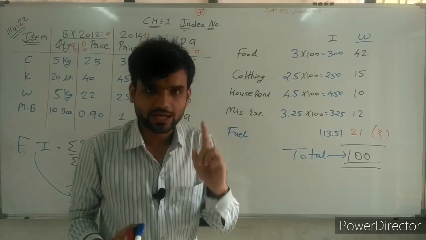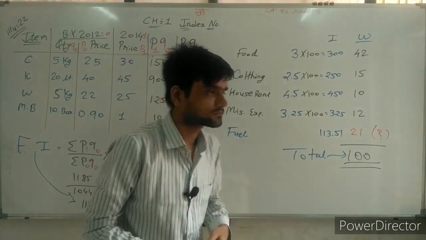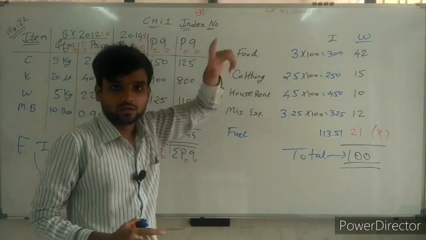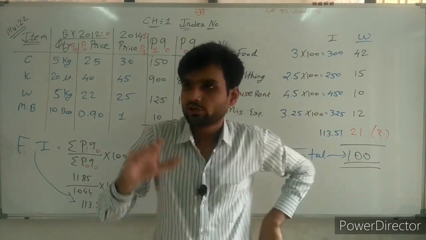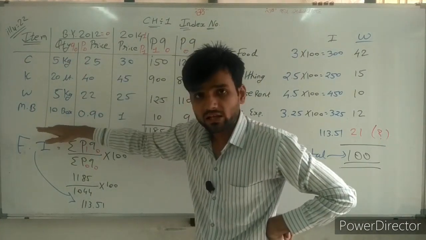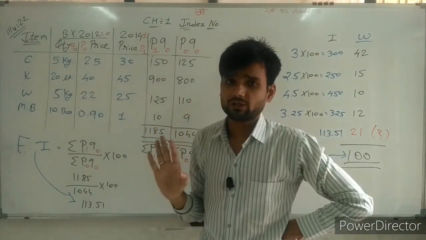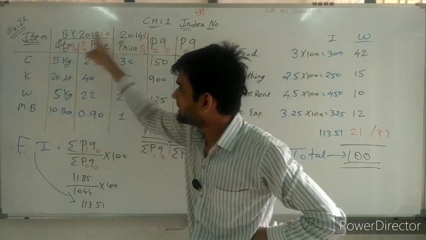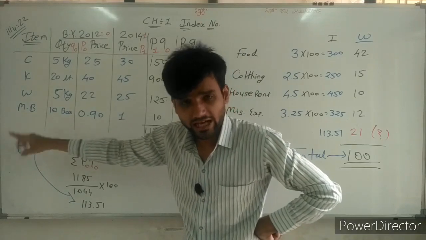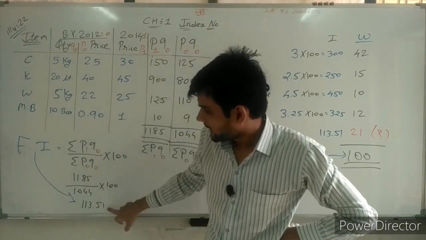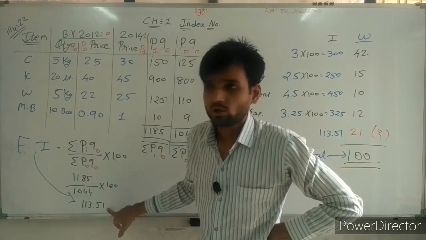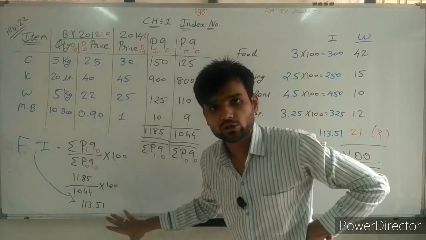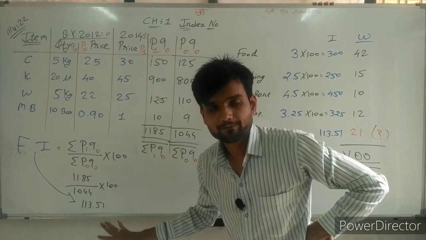Now again, try to understand one thing. What is the question actually? In the question, fuel items and related information are given. On the basis of fuel items and their information, I have to find the index number of fuel. So the fuel index number is already found here.